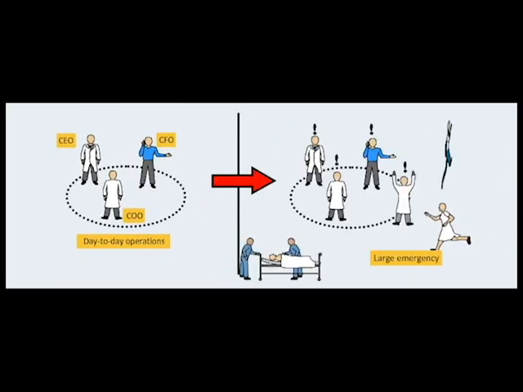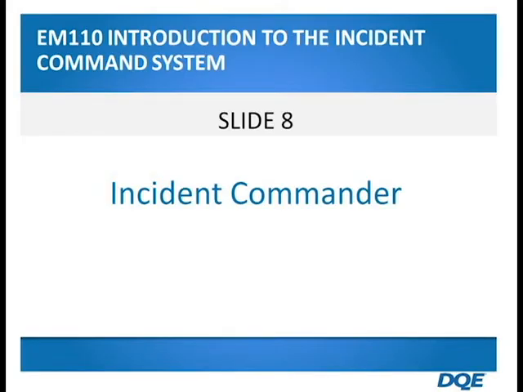However, as the size and complexity of events escalate, the ability of a normal administrative hierarchy to effectively manage and control the ever-changing situation diminishes. Chaos ensues, response becomes self-directed, resources are wasted, and decisions are made locally without any centralized direction or planning.